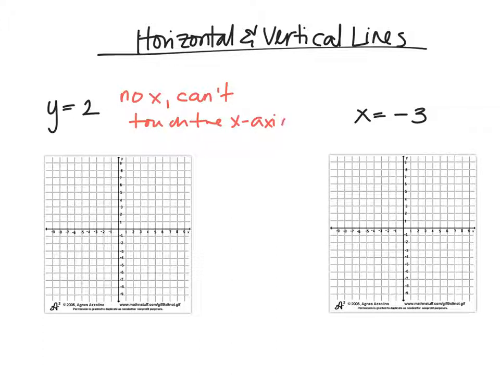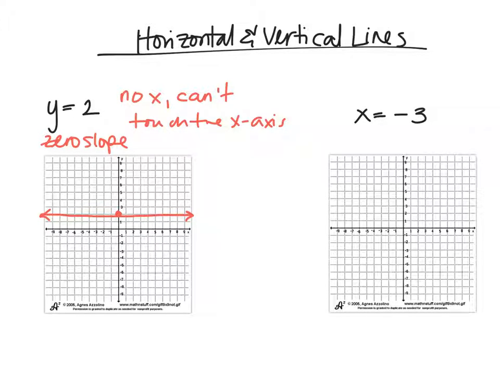So when I'm graphing, y is going to equal 2, so I'm going to hit the y-axis at 2, but I need a line that only hits the y-axis at 2 and never touches the x-axis. So if you think about that for a second, that should end up in this line right here, which is a horizontal line with 0 slope.